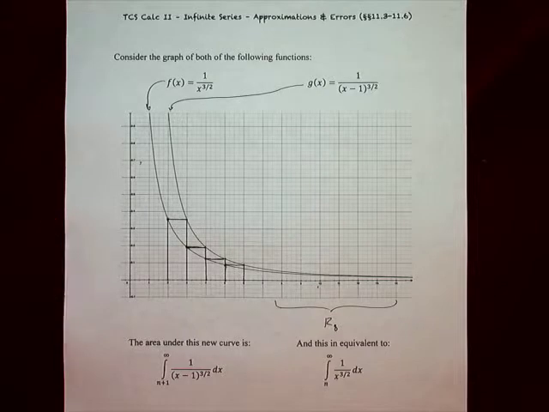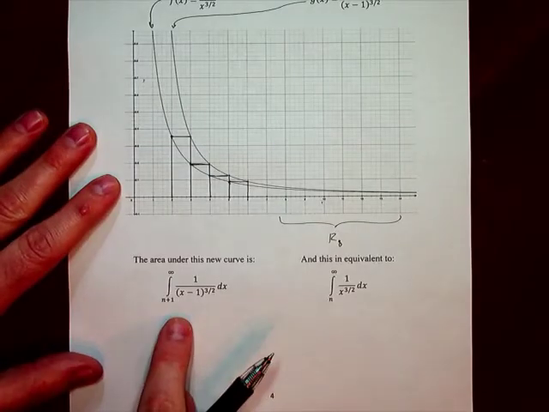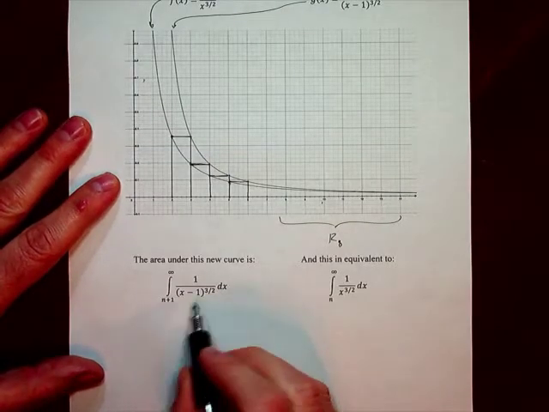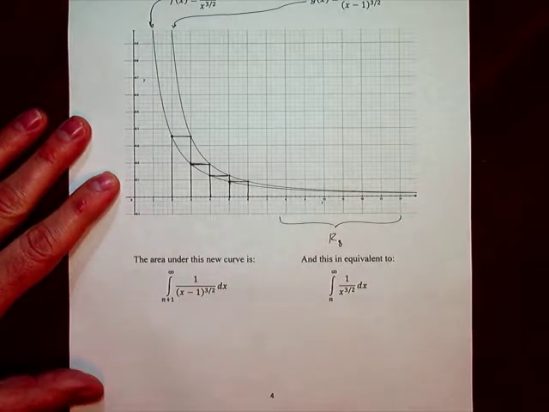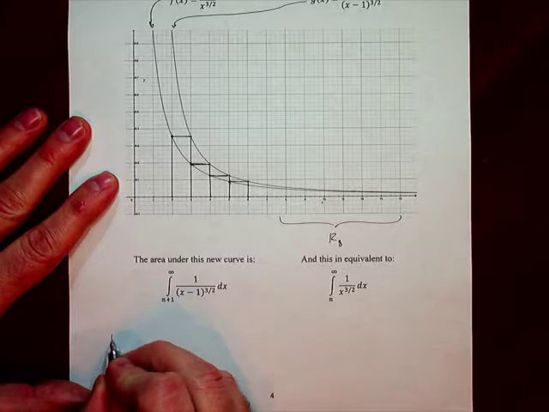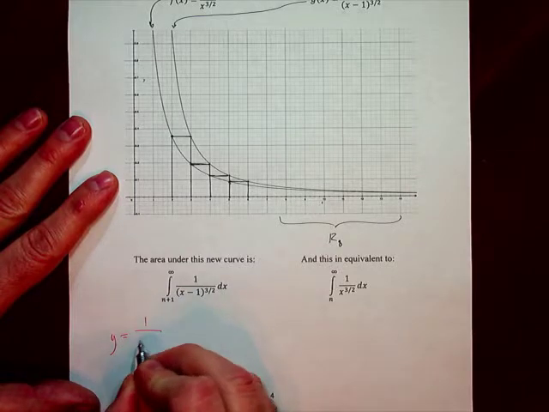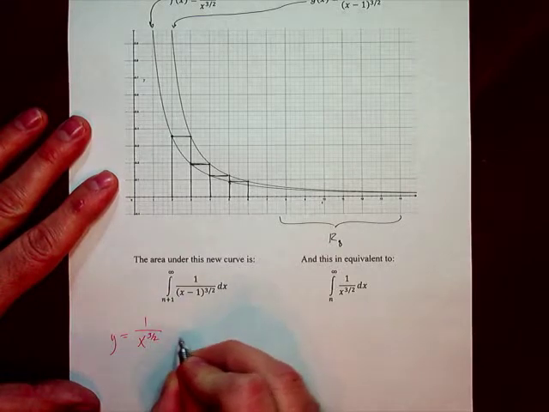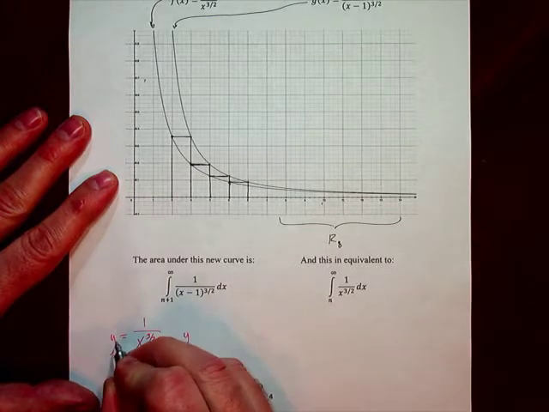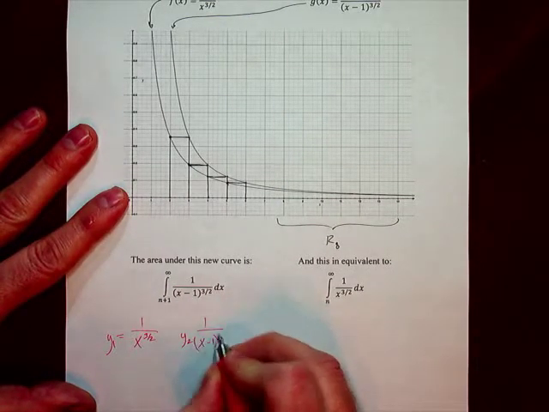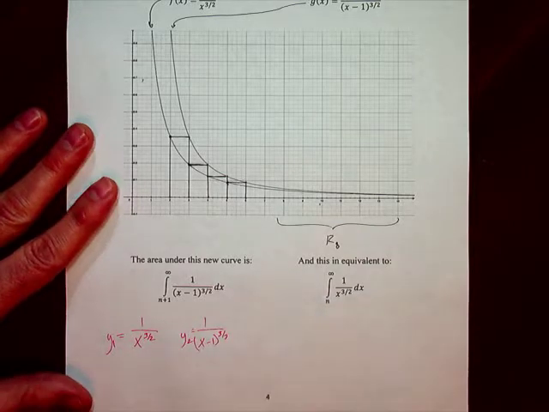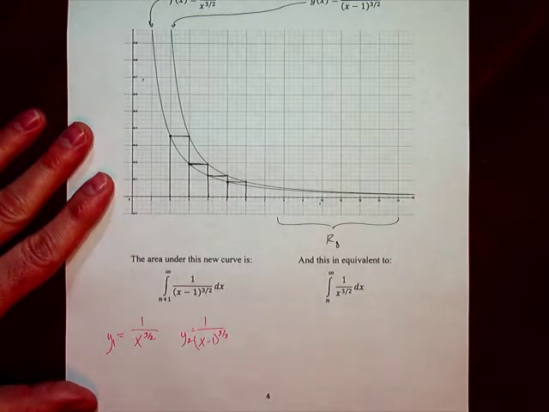Now, if you have y is equal to 1 over x to the 3/2, then y2, with x minus 1 to the 3 halves, is, of course, a shift to the right of 1, right?